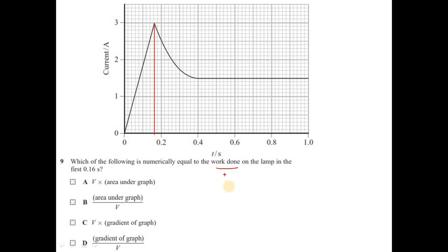If you recall that the definition of voltage or potential difference is work done per unit charge, so it is Q. That means work done must be equal to V into Q, and Q is I into T. This is the definition of charge, I into T, and clearly I into T is the area under the graph.